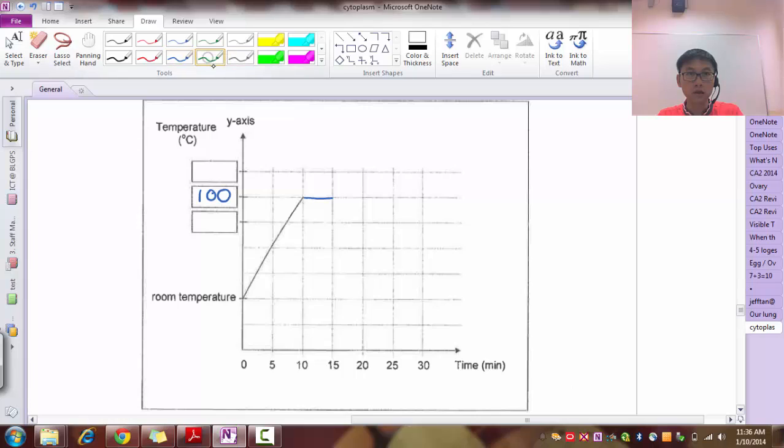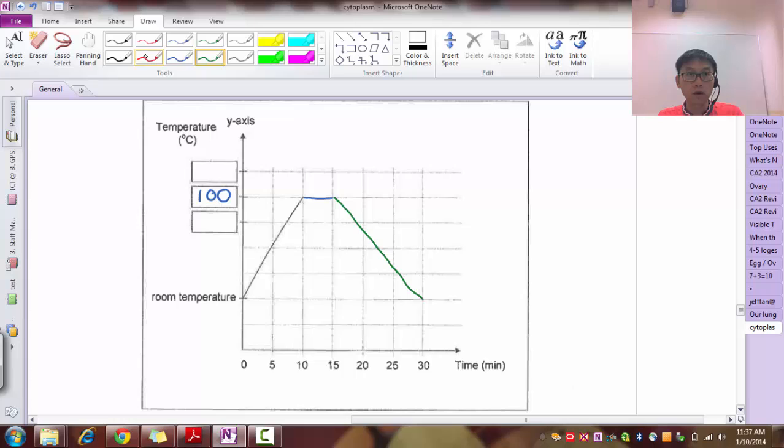So from here, okay, let me change to another color. From here, you can go down. Okay, hang on. Alright, it can go down all the way, and it must be at room temperature.